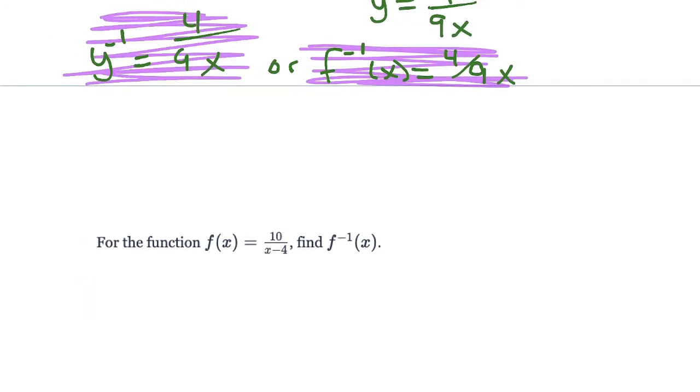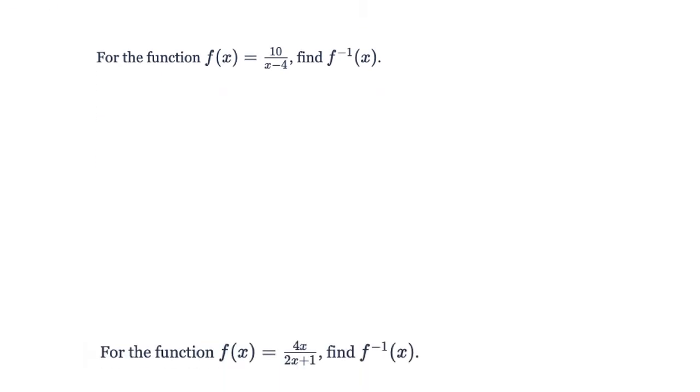It's the same steps every single time. This next one is a little bit more challenging. They're getting a little more difficult, but let's think about this one. If I switch the x and y, or something like this.